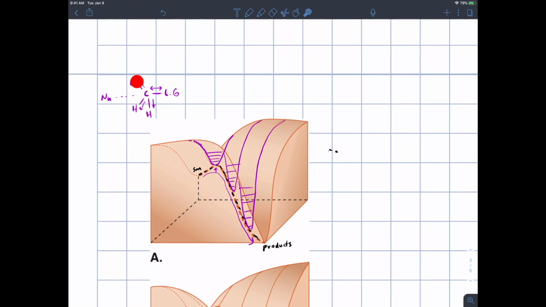And then other stretches, wags, and vibrations will cause energy changes, but they're going to be along directions that are orthogonal to the reaction coordinate. And these are going to basically represent internal but non-productive, I guess, degrees of freedom that are not involved directly in the reaction.